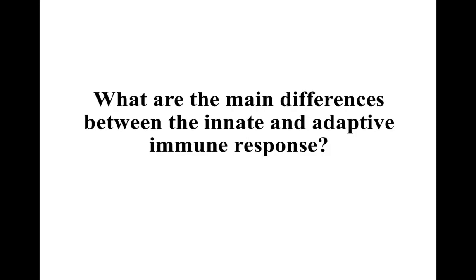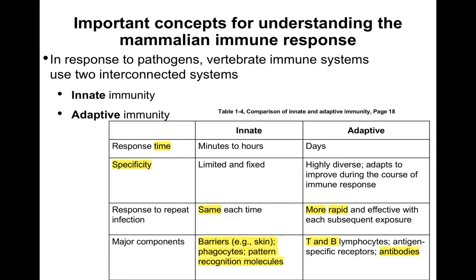What are the main differences between the innate and adaptive immune response? If we highlight a few of the main differences, the timing with respect to the activation of the innate and the adaptive is different. It's very quick to activate the innate immune response, whereas it takes many days to activate the adaptive immune response. The specificity is different between the two.